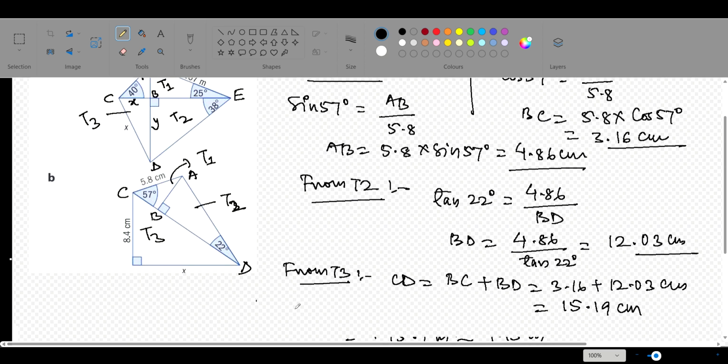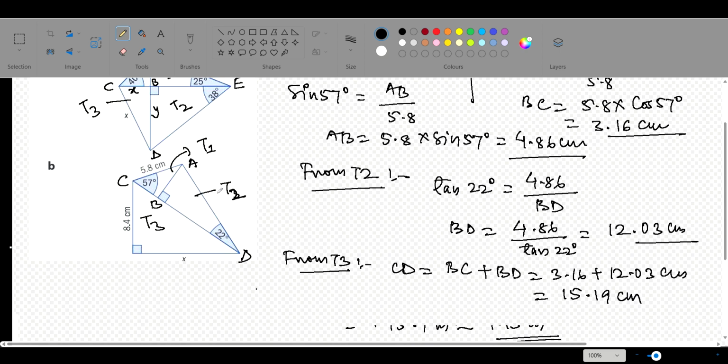Now we can use the Pythagoras here. Hypotenuse we got, we have one of the other side 8.4. So to find the x, I use the Pythagoras, which is hypotenuse square minus other side square.